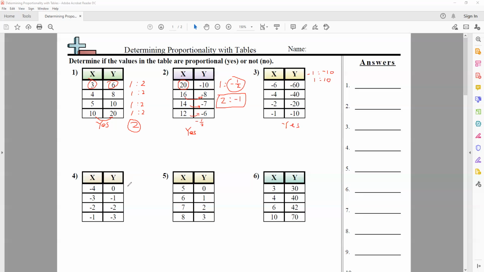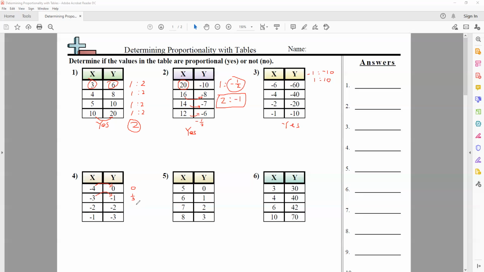I need a little help. Right. So start with, okay, so from -4 to 0, it looks like 0, right? Because 4 times 0 will become 0. Right. Now, from -3 to -1. That would be just 3. Right. Well, it's 1/3, because think about it, it's getting smaller, right? Right. What about -2 to -2?